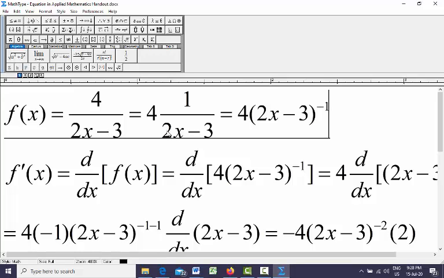What we have here? The function we have here is 4 divided by twice x minus 3. So you can see we can write this one. I need to write like this.